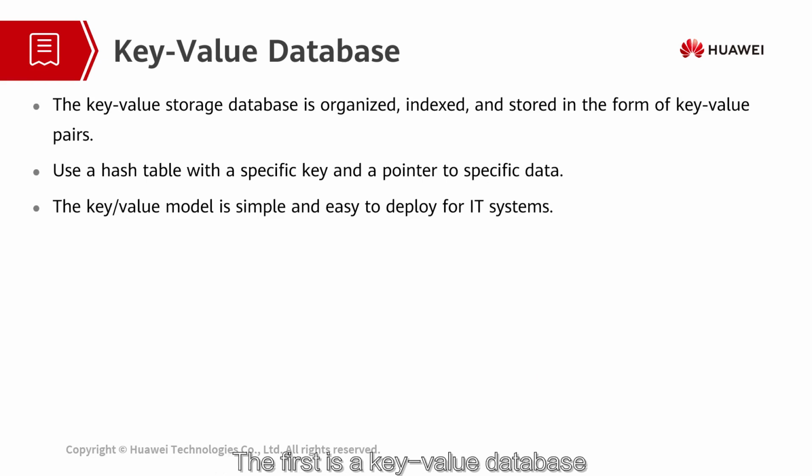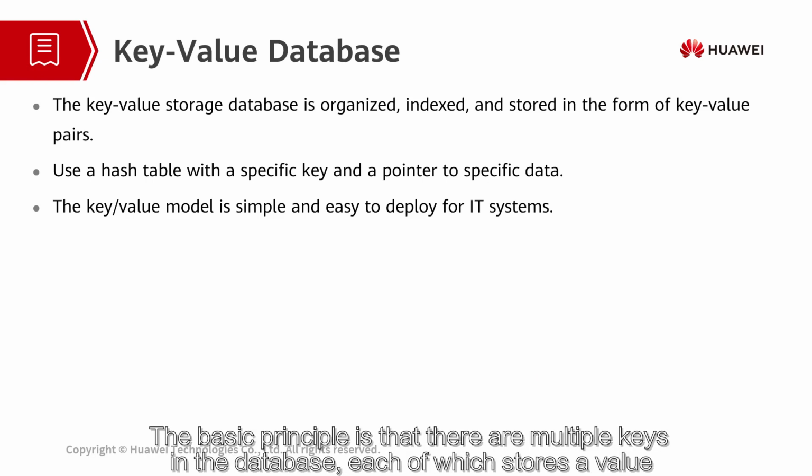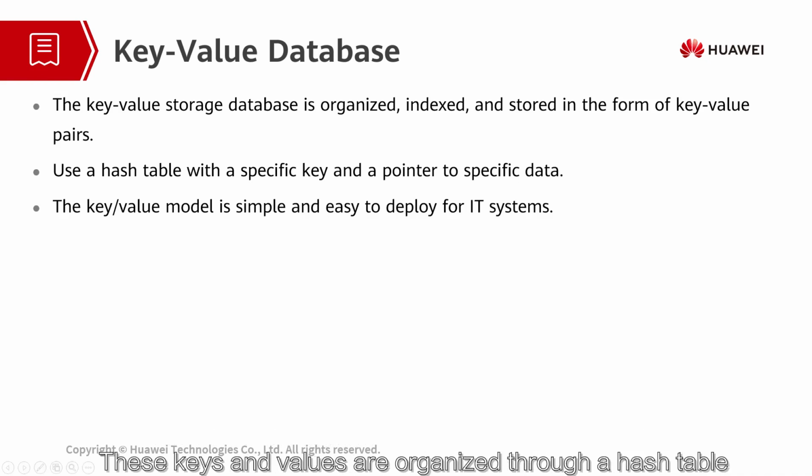The first is a key-value database. The basic principle is that there are multiple keys in the database, each of which stores a value. These keys and values are organized through a hash table.